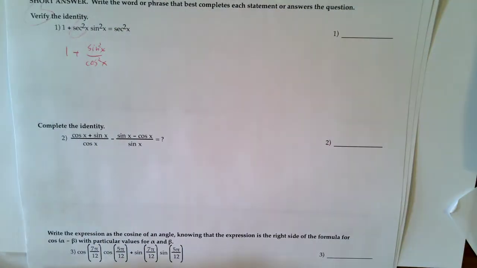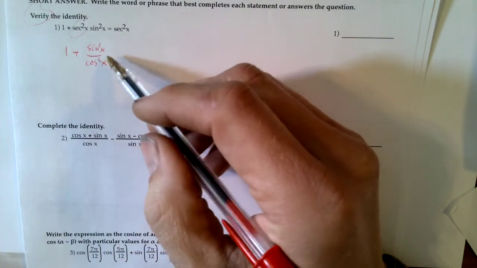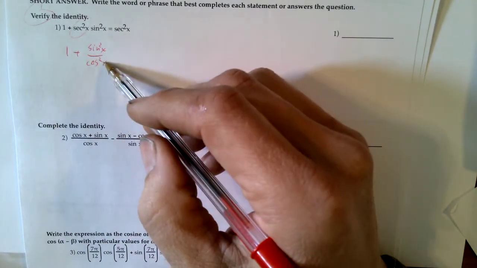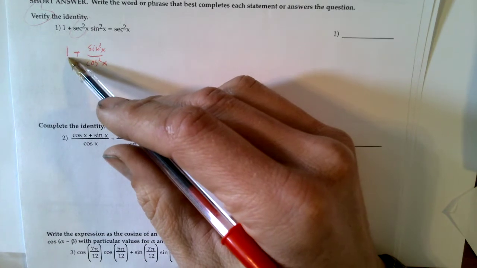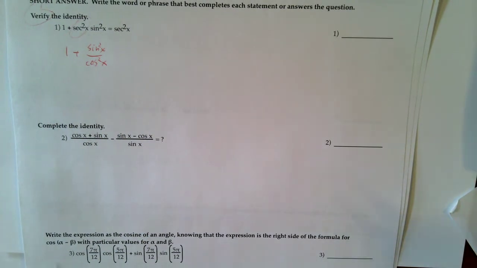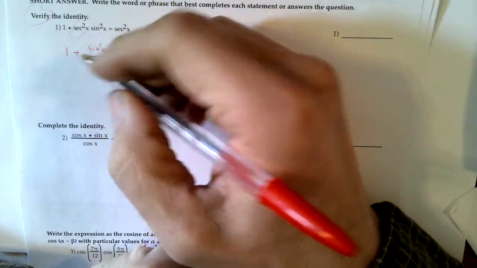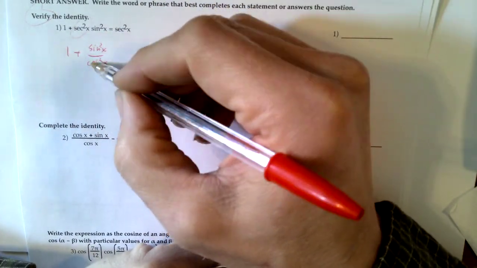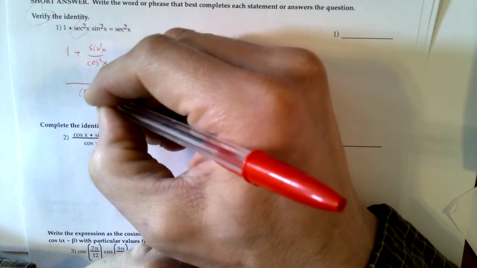So you could write that in terms of tangent, but if we're trying to get these things put together, I'm going to do what the algebra person would say to do with 1 plus a fraction, and that's get a common denominator. Right? Algebra instincts should say, oh, I need this over cosine squared x as a common denominator.